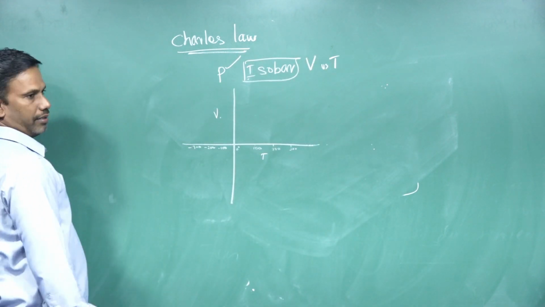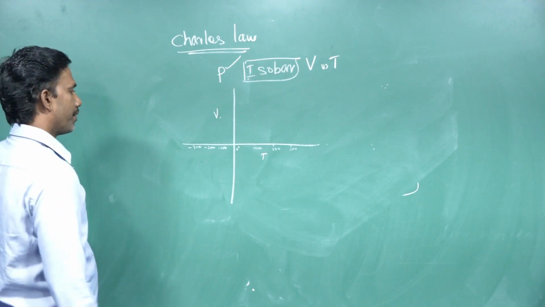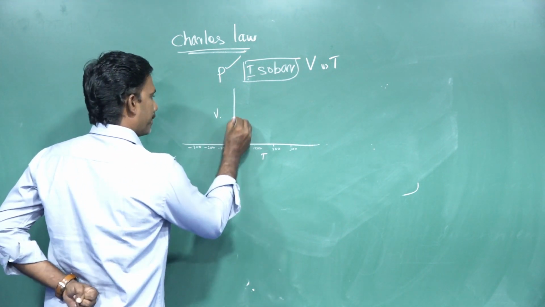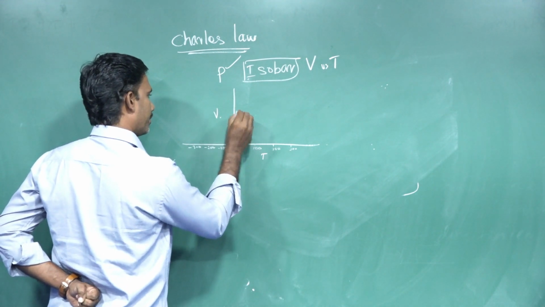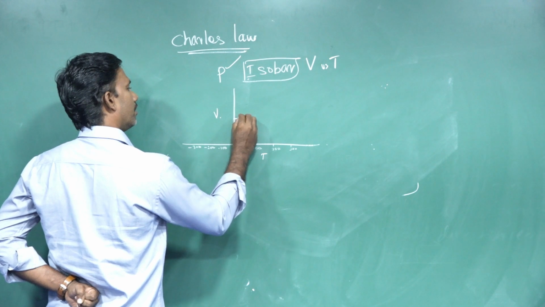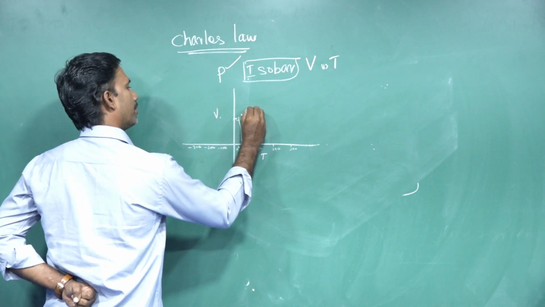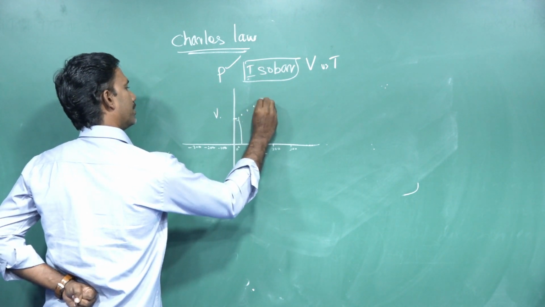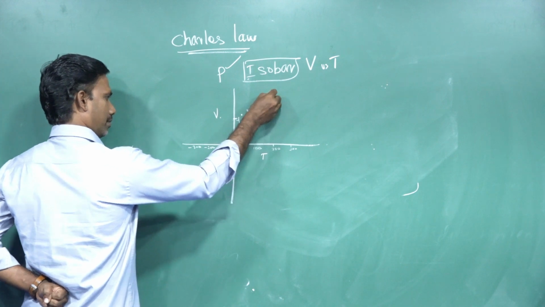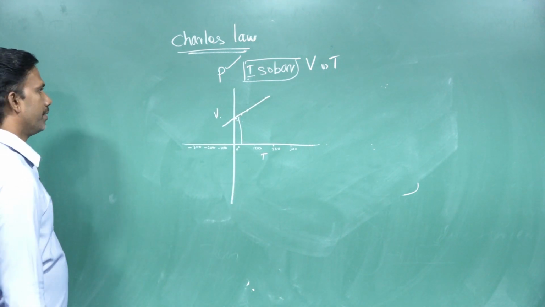Already we have seen in Boyle's law that it is an isotherm. This is an isobar. Okay. It may be the initial volume V0 here. If you take an increasing temperature, the graph goes like this.